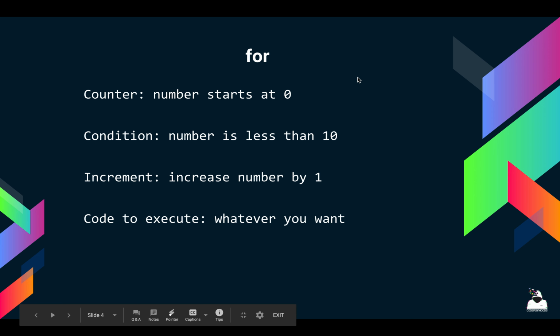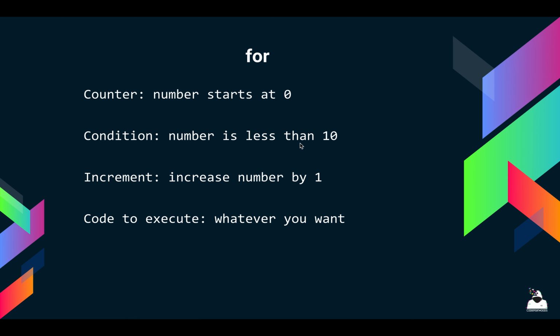So we've got a counter, usually a number that starts at 0. Condition, where in this case the number is less than 10. The increment, it's going to increase the number by 1. But we're referring to that as an increment, but that's only what it usually is used for. It's actually just a chunk of code that runs after every time our loop executes.